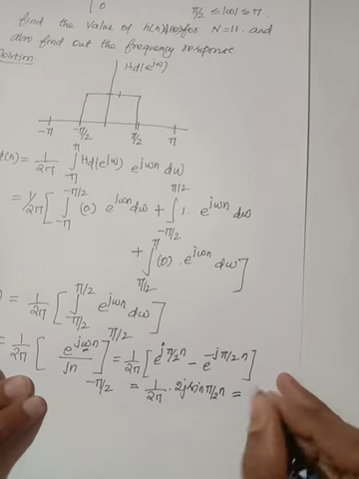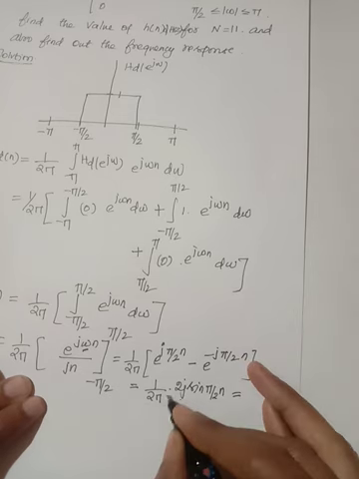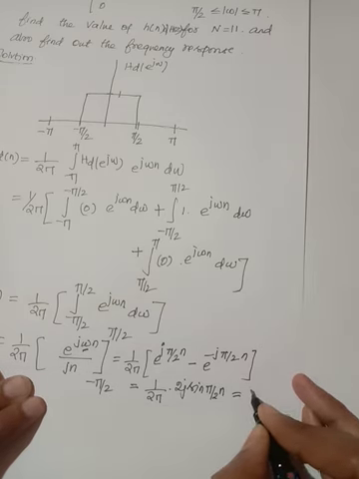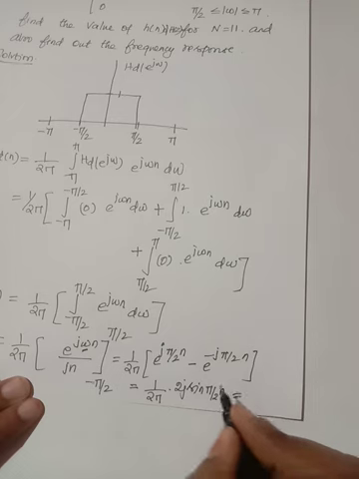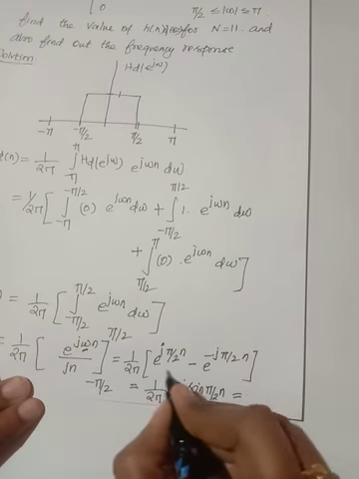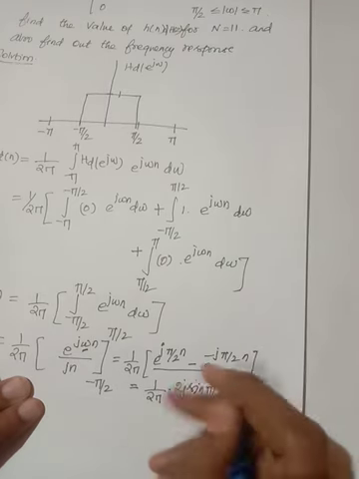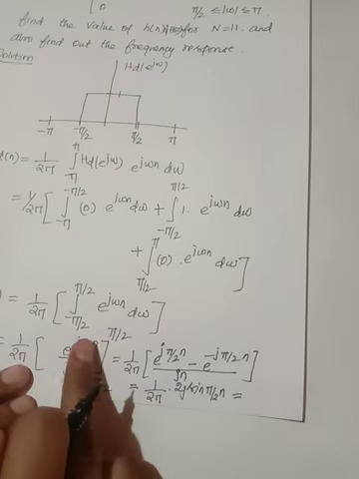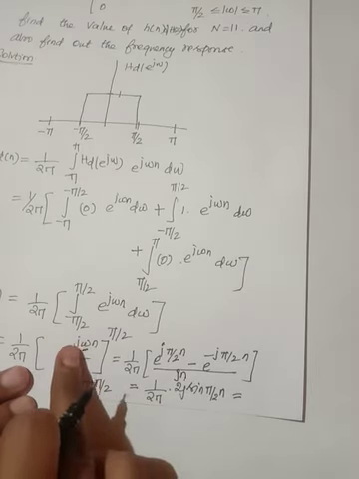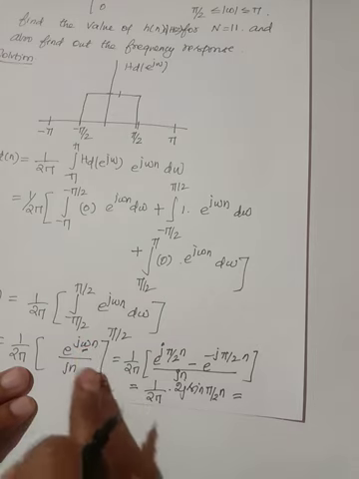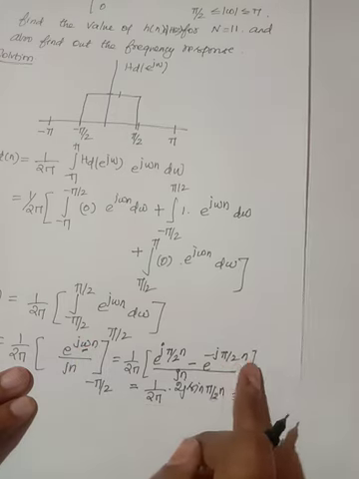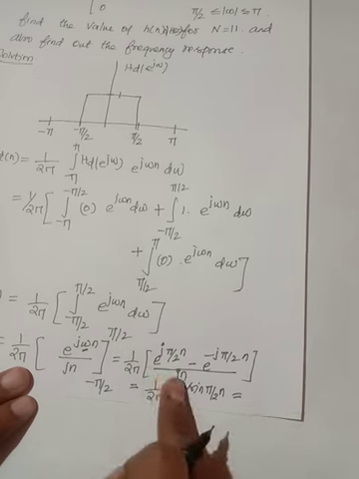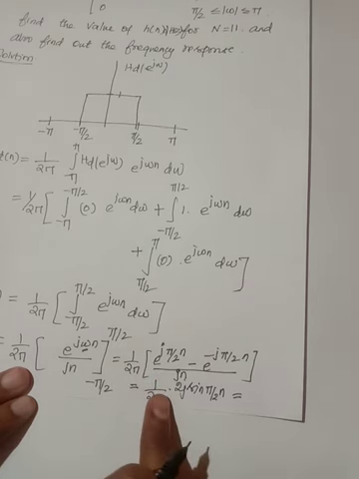I have forgotten to write the divided by jn here. So this is e power j pi by 2 n minus e power minus j pi by 2 n divided by jn, then 1 by 2 pi.